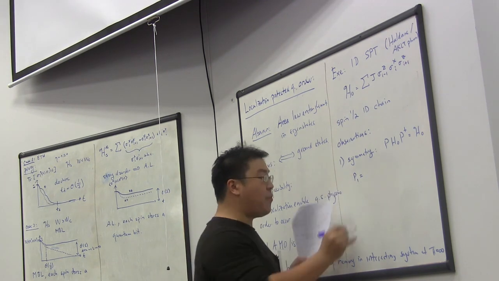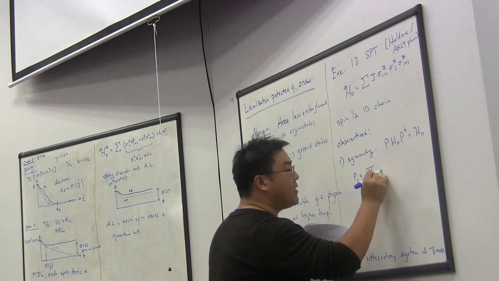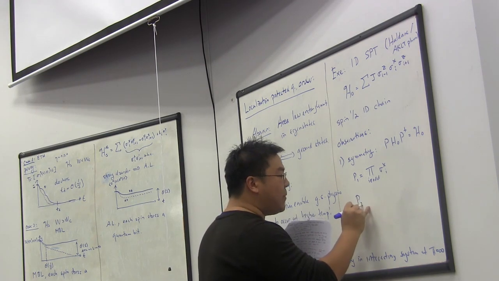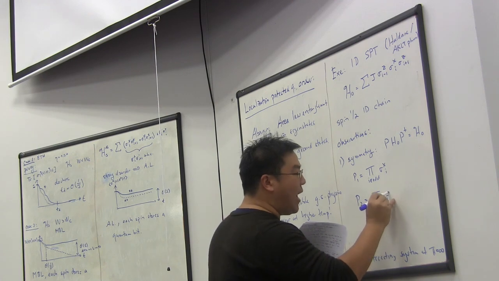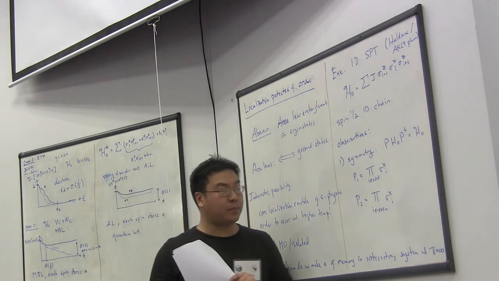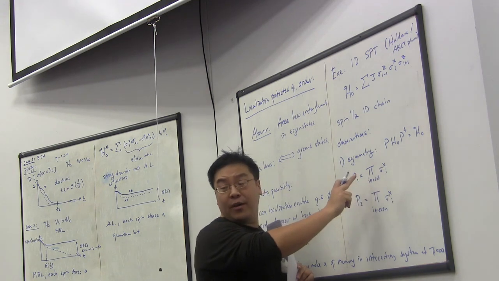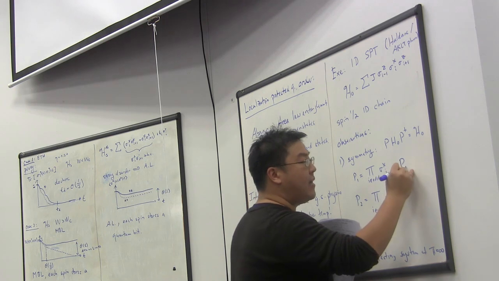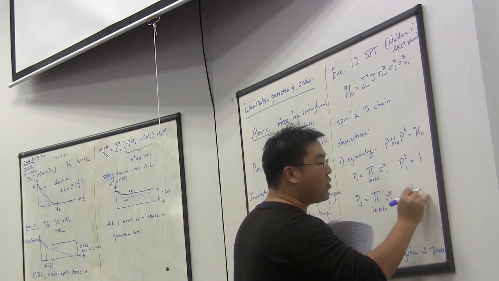The first symmetry operator is given by the product of sigma x_i on all the odd sites. And the second symmetry is given by the product of sigma x_i on all the even sites. Because these are chains of Pauli operators, and every chain of Pauli operators squares to the identity, P1 squared is the identity, and P2 squared is the identity.